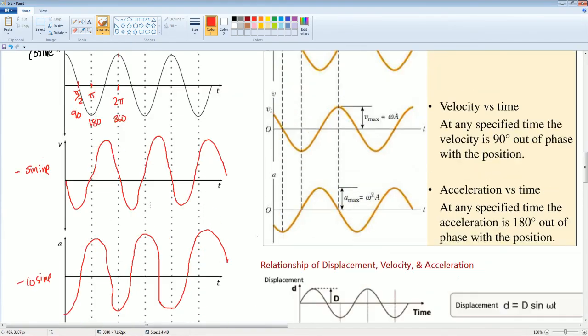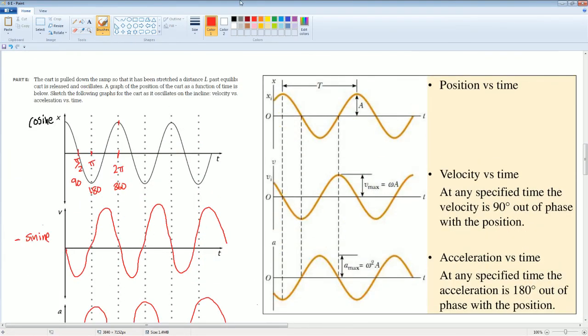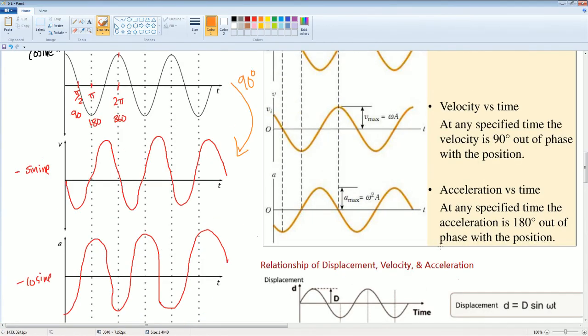But just remember, from the position to the velocity wave, it's just a 90-degree horizontal shift to the left. From here to here, it's also just a 90-degree horizontal shift.